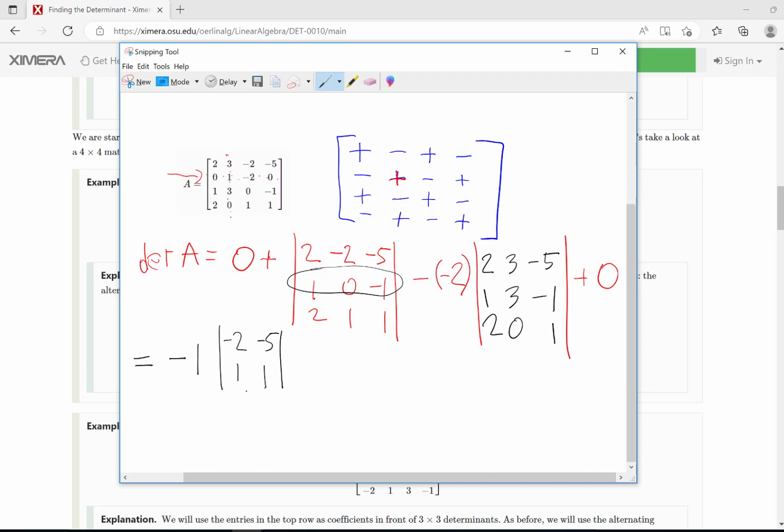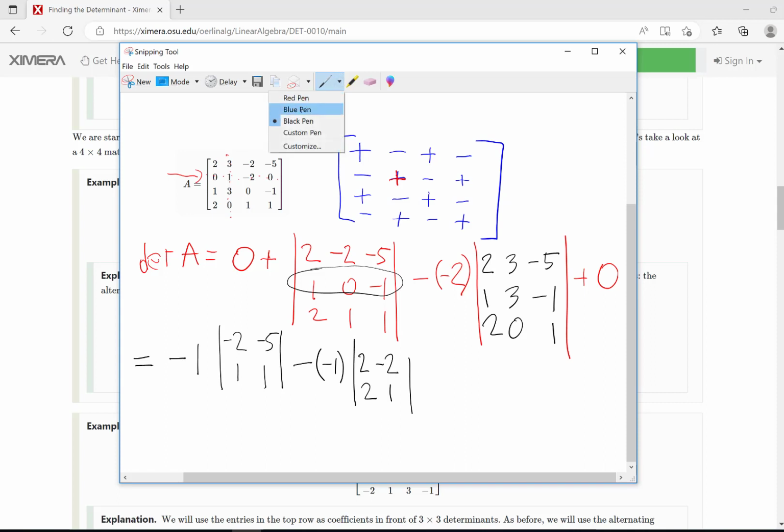And then let's see, I have a negative sign in the checkerboard pattern. I have a -1, and what would be the 2x2 matrix that goes with that -1? Well, again, cross out that row and column and you get 2, -2, 2, and 1. Okay, so that's what we have so far.